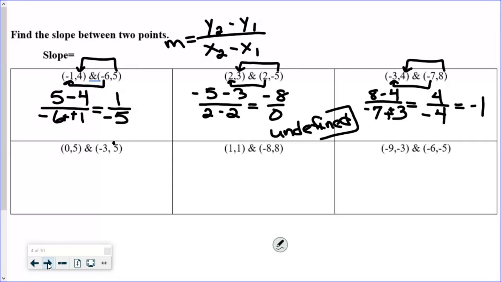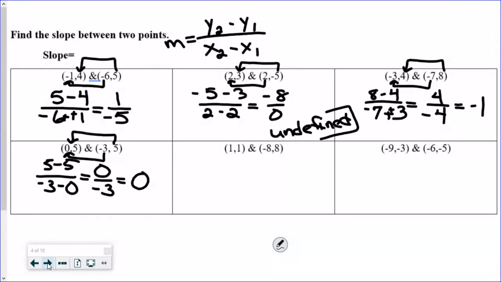Okay, here we go. Y sub 2 minus y sub 1, x sub 2 minus x sub 1. That's a 0 over -3, and that's 0. 0 on the top is 0. Okay, keep going. -8 minus 1. 8 minus 1 is 7.